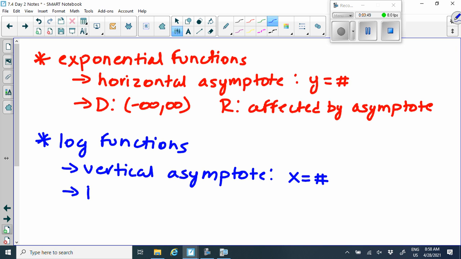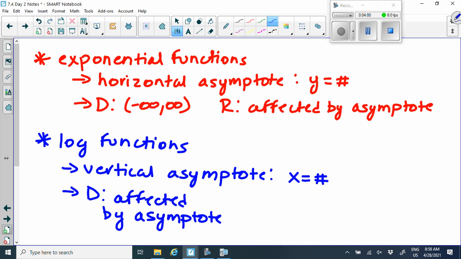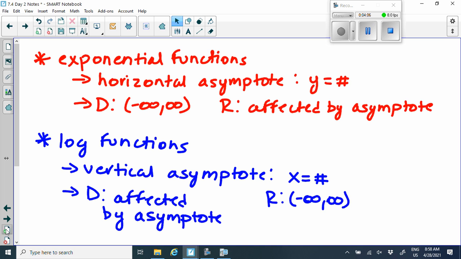And then the domain is affected by the asymptote. And then our range is negative infinity to positive infinity. Okay, so there's just some comparisons so you guys kind of remember the difference.